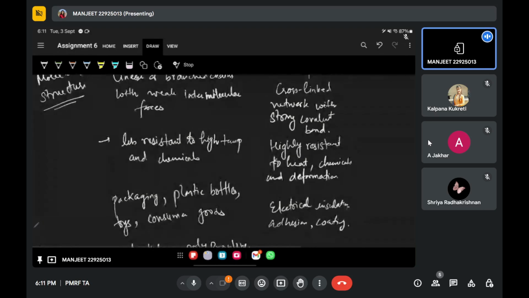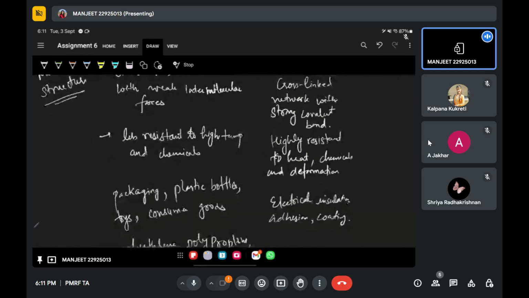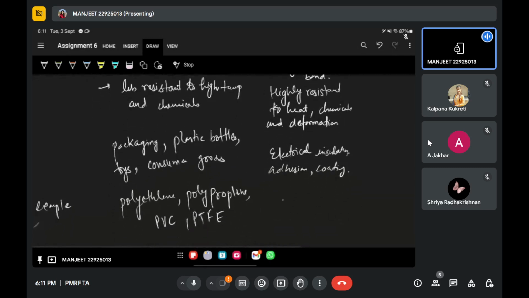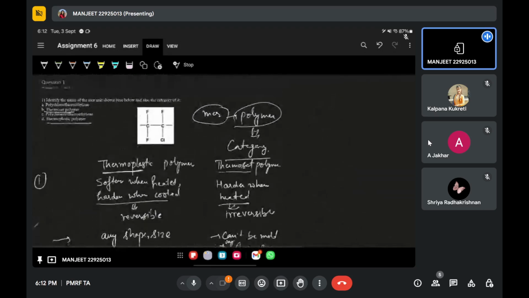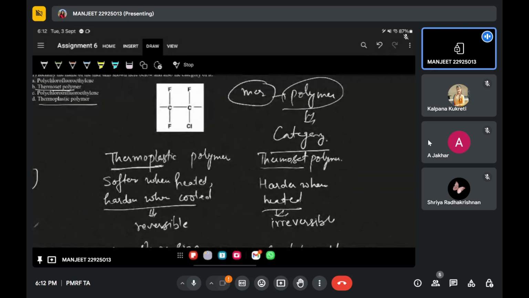For thermosets, we know epoxy and resins that we use for electrical insulation or adhesion. So these are the two categories of polymer: thermoplastic and thermoset.